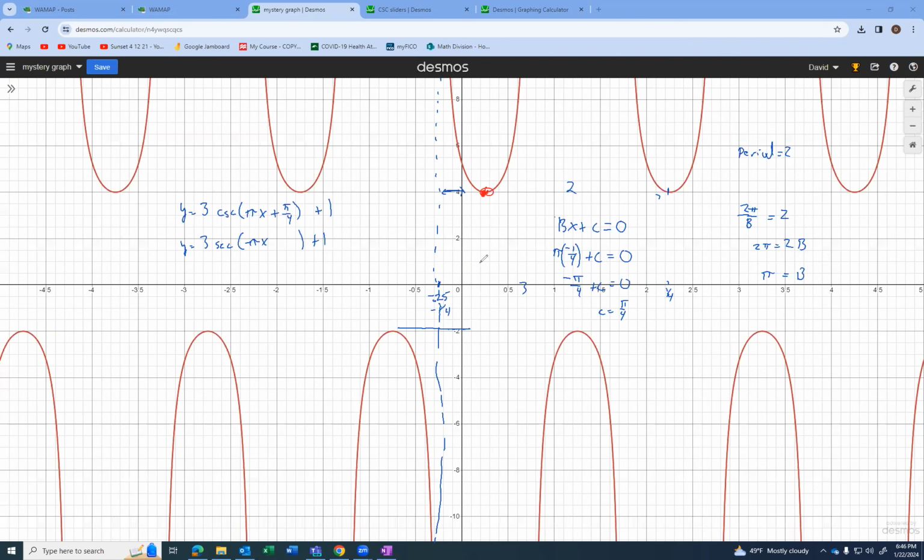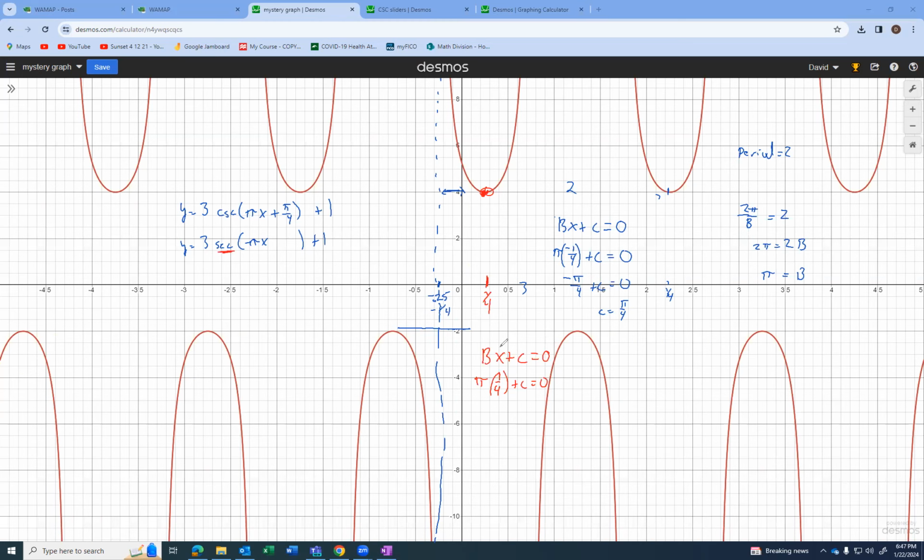And so the x value corresponding to that, it looks like it's positive 1/4. And so I want to take that bx plus c for the secant graph, and I'm going to use positive 1/4. The b value stays pi, plus c equals 0. So instead of starting at 0, my graph is starting at 1/4.